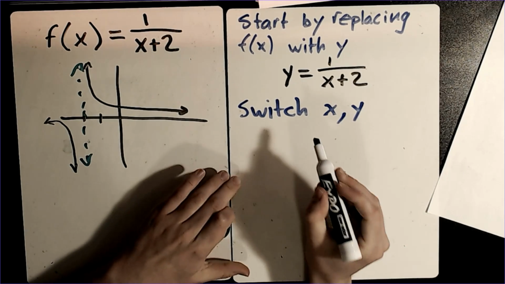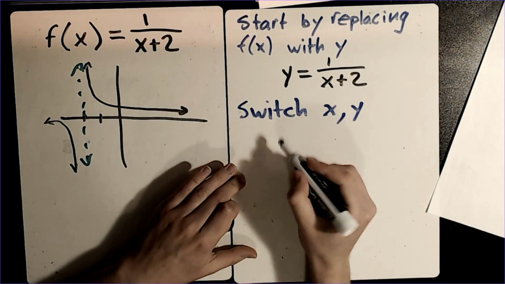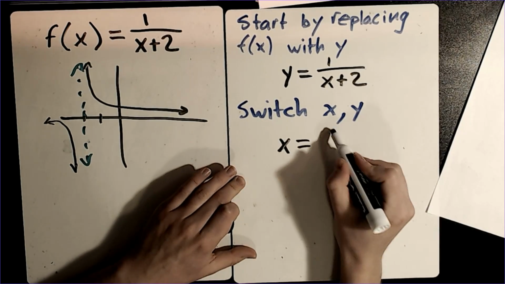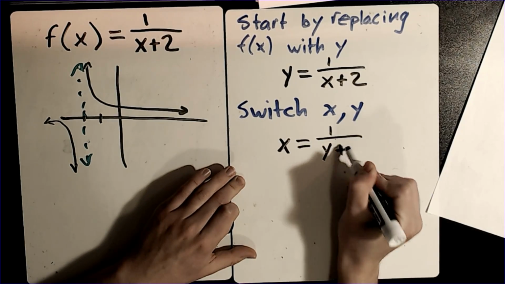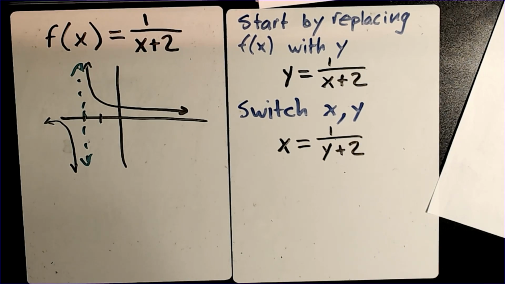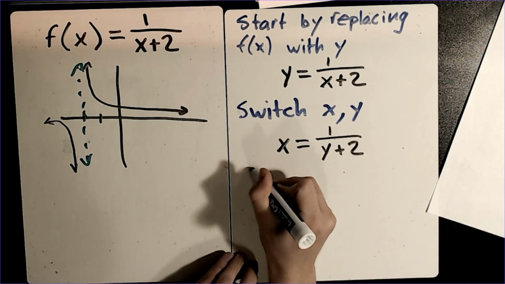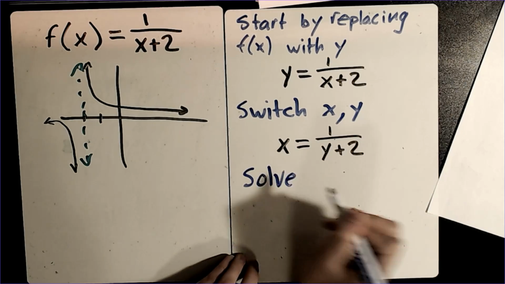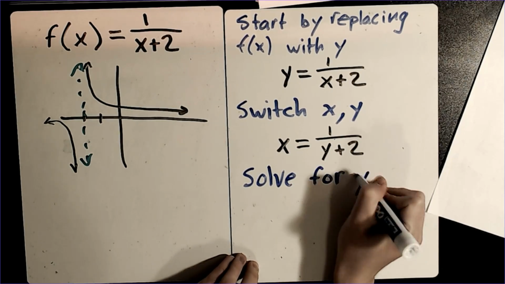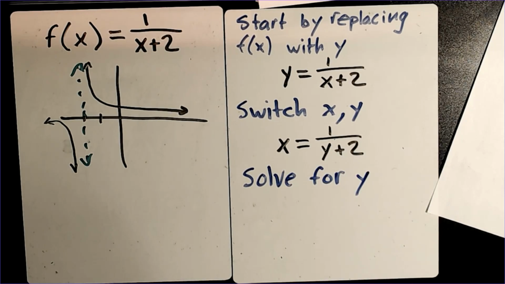So that's going to give us x equals 1 over y plus 2. And then our goal becomes to solve for y.